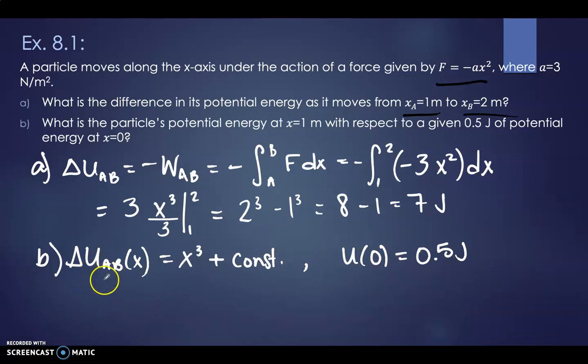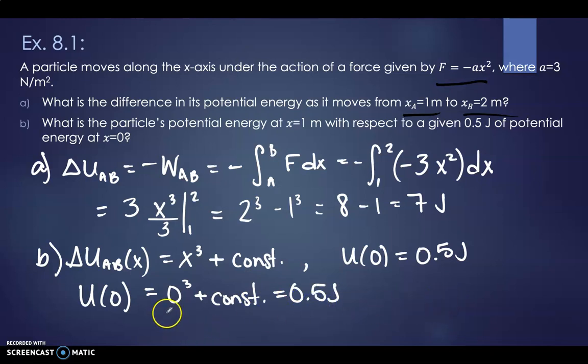So we have U of 0 is equal to 0 to the third plus some constant, and that should equal 0.5 joules. So this makes the constant equal to 0.5 joules here.